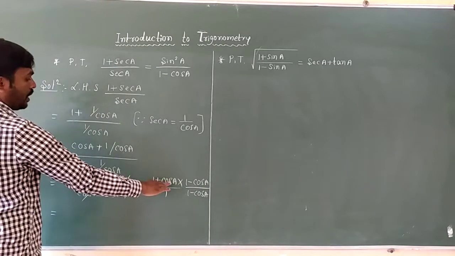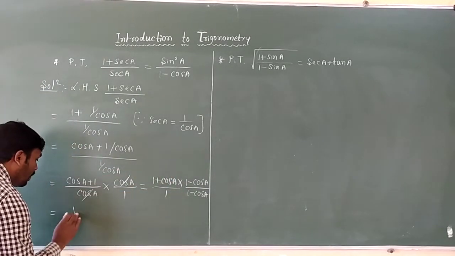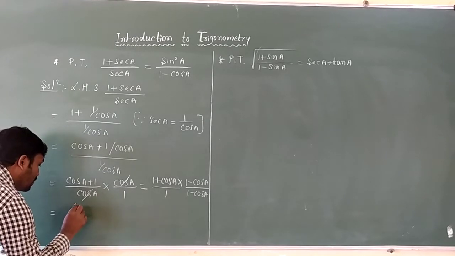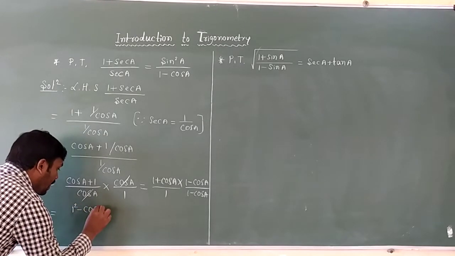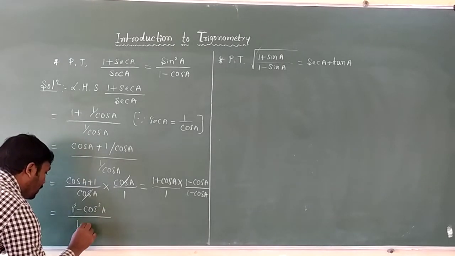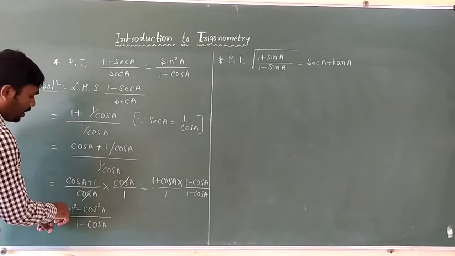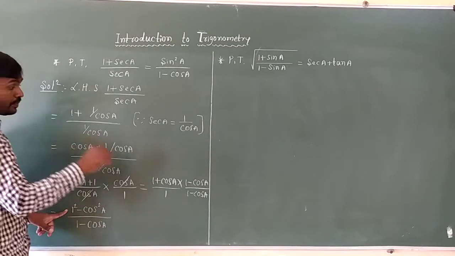It is in the form of (a plus b) into (a minus b), so it is a square minus b square. That means 1 square minus cos square a, whole divided by 1 minus cos a. Here 1 minus cos square a is what?